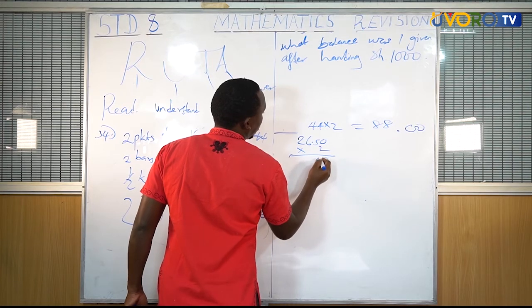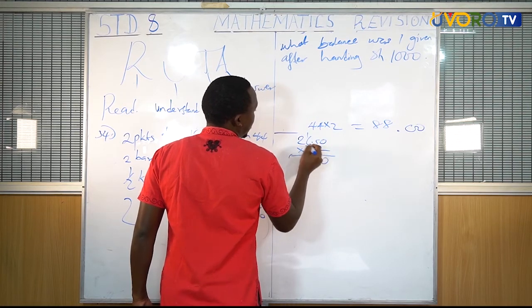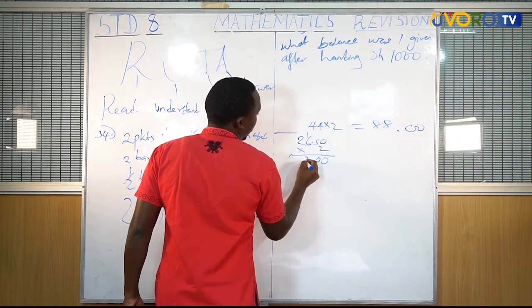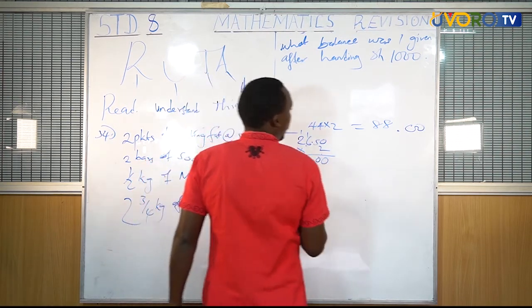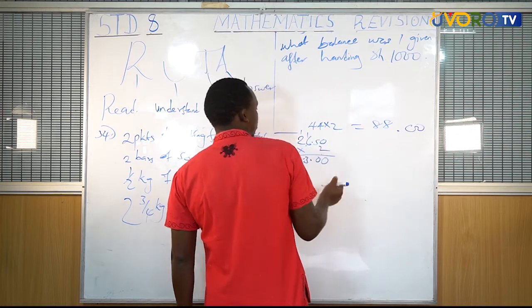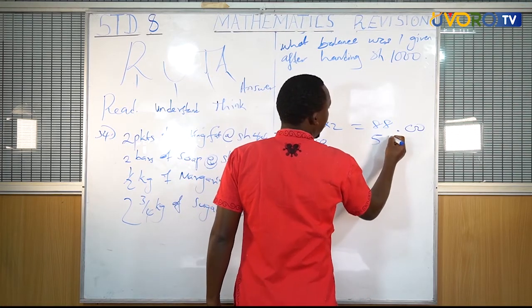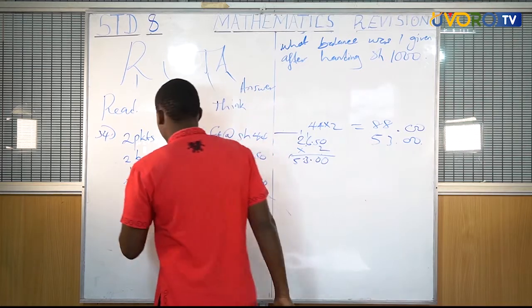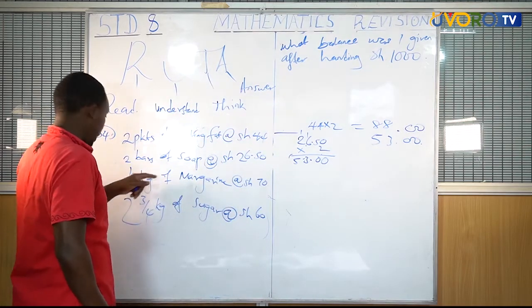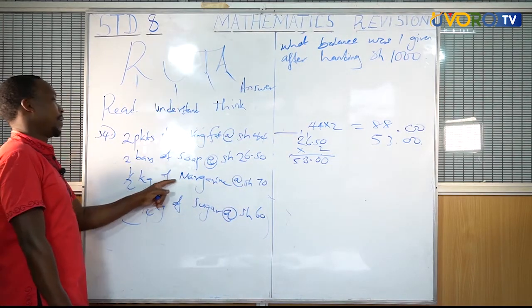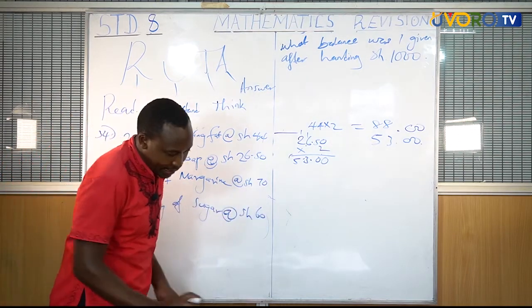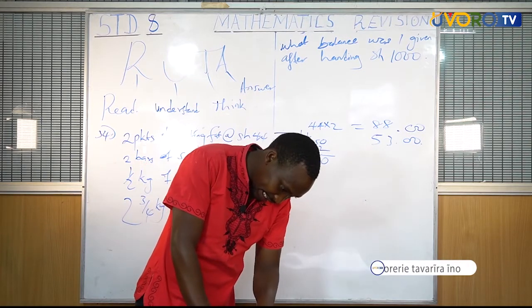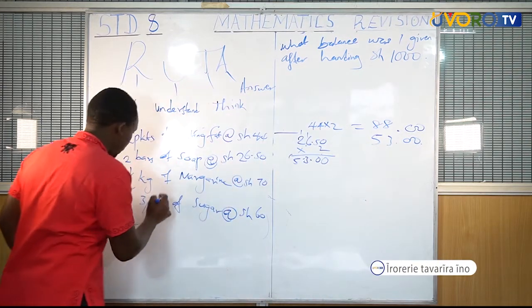Carry 1. 6 times 2, 12, plus 1, 13. Carry 1. 2 times 2, 4, plus 1, 5. That is 53.00.